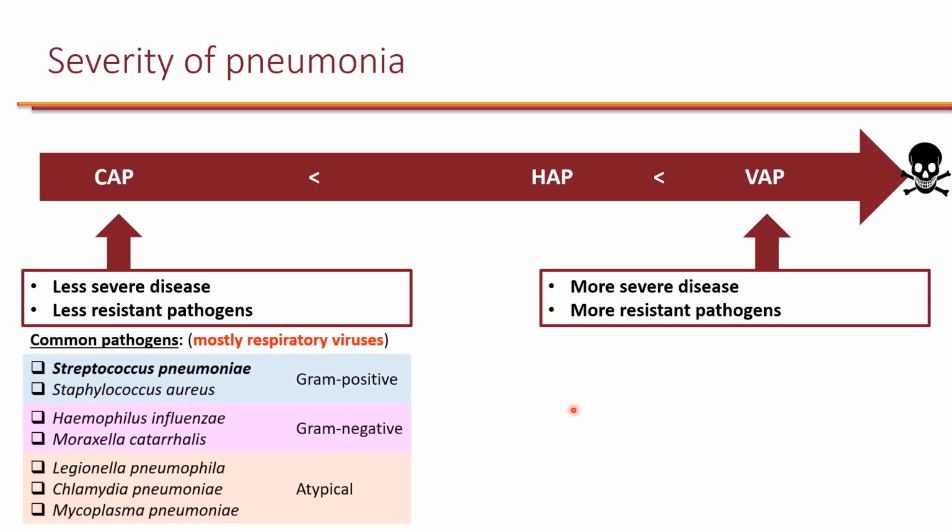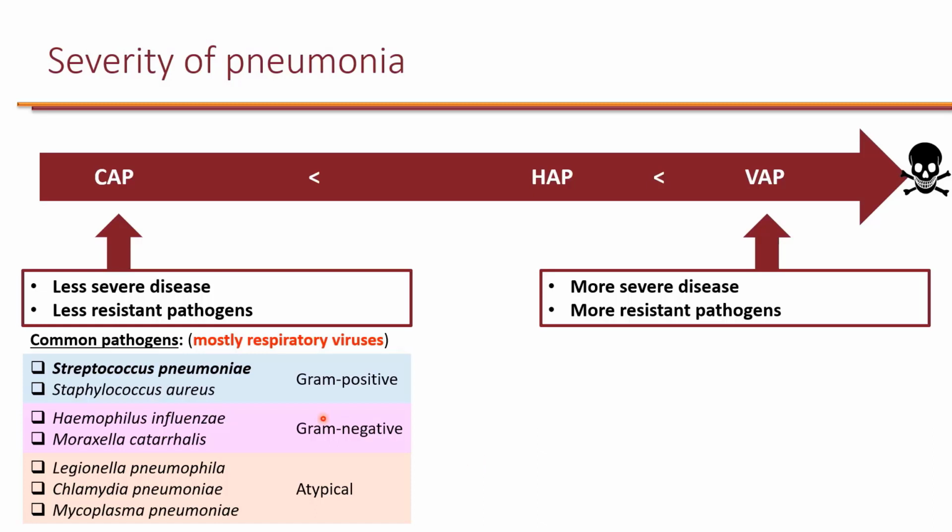Now let's take a look at the common causes of community-acquired pneumonia. Viruses by far are the most common causes of CAP. However, when it comes to bacterial causes of community-acquired pneumonia, Streptococcus pneumoniae is by far the #1 respiratory pathogen causing pneumonia. Although Staphylococcus aureus can also cause CAP, not every patient needs MRSA coverage, and we'll talk about that more shortly.